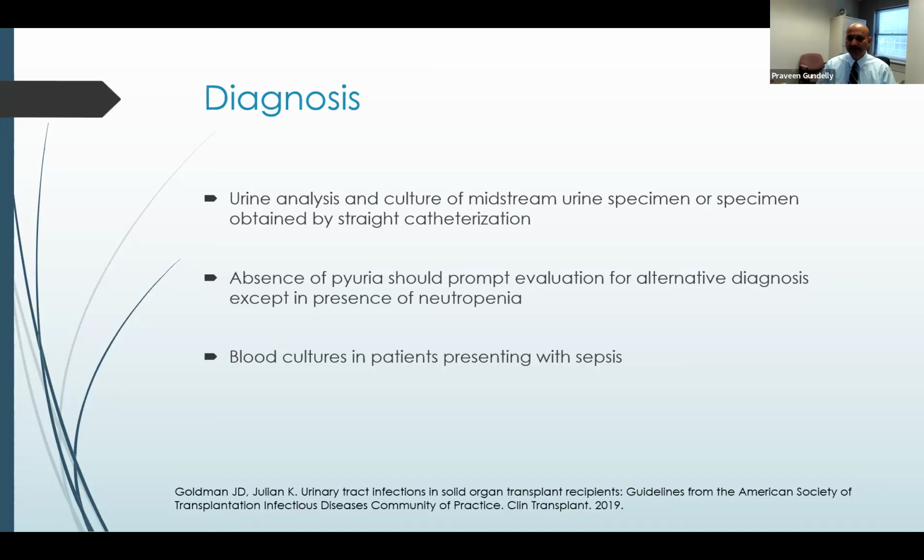For example, they might have a fever of 101 or more, or they might say, I'm having rigors, which they call chills. But if it's rigors, we need to suspect bacteremia. Other symptoms include fatigue, vomiting, just a general sense of not feeling well. Whenever we suspect UTI, some patients can present with these symptoms and we can do a urine analysis.